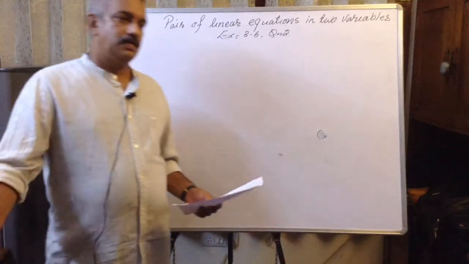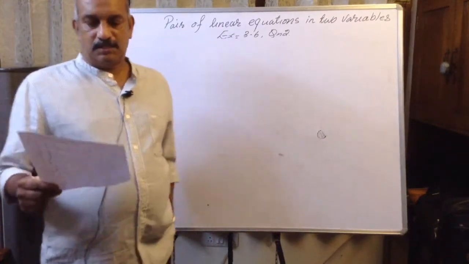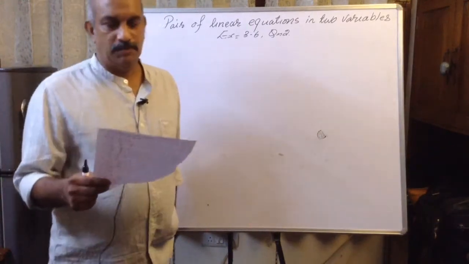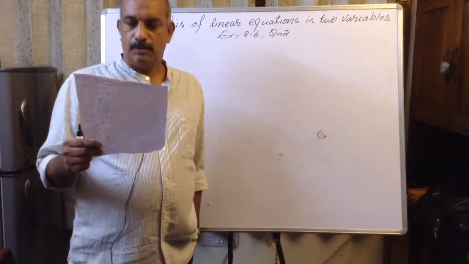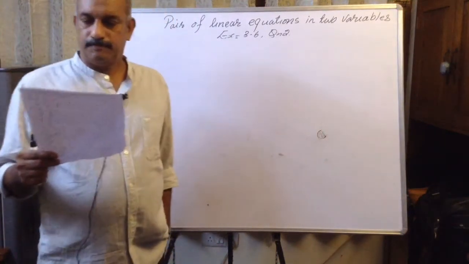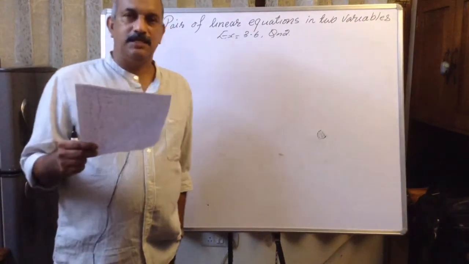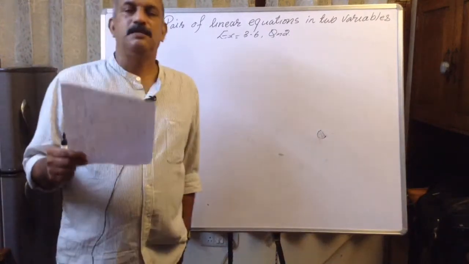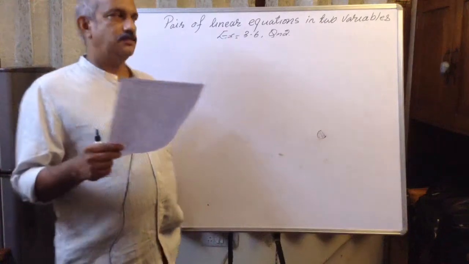Total 300 kilometers she has to travel. Now if she is traveling 60 kilometer by train and the rest 240 kilometer by bus, it will take 4 hours to reach home. Now in the second case, if she is traveling 100 kilometer by train and remaining 200 kilometer by bus, it will take 10 minutes longer. Find the speed of the train and speed of the bus separately.